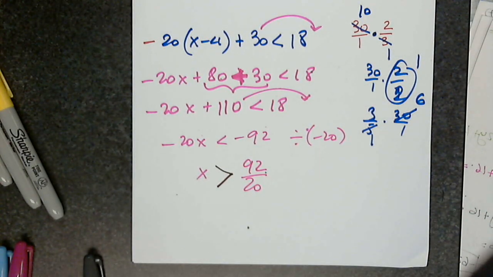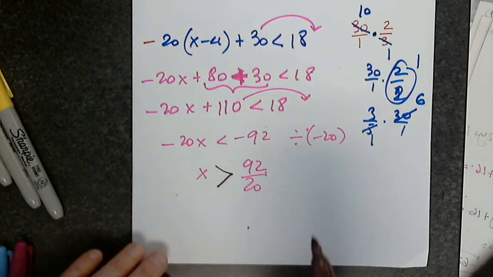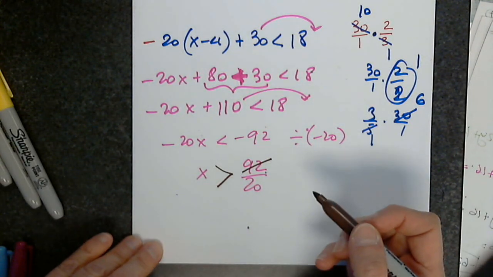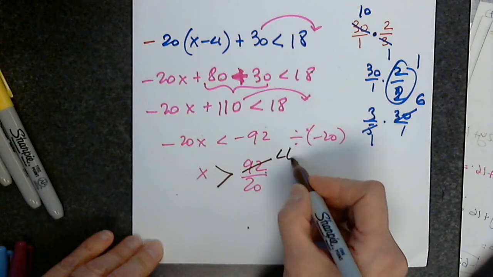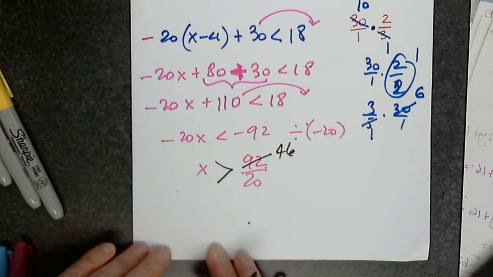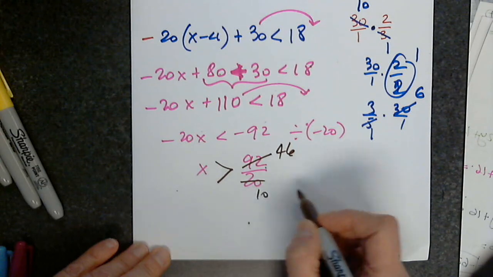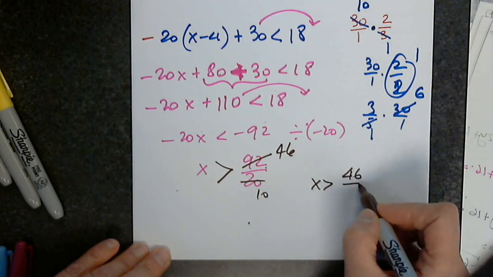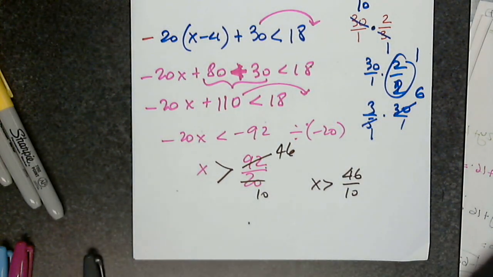Both numbers are even. So the factor that must go away from top and bottom, at least for now, is what? 2. 92 divided by 2 is 46, and 20 divided by 2 is 10. For now, I have x greater than 46 over 10, but they're both even numbers.